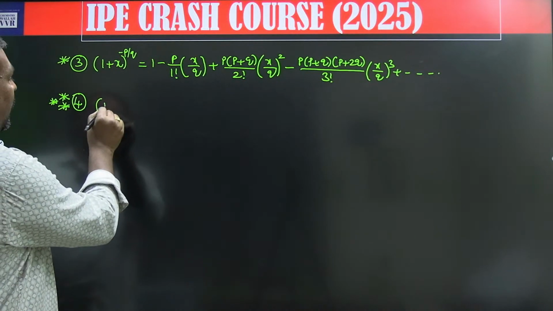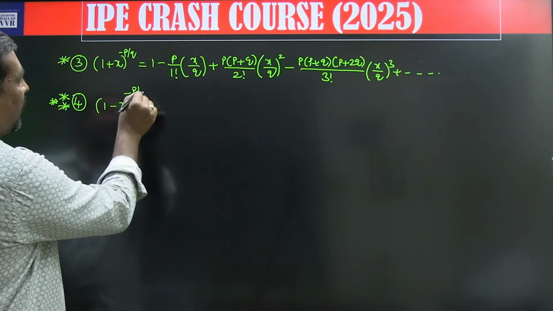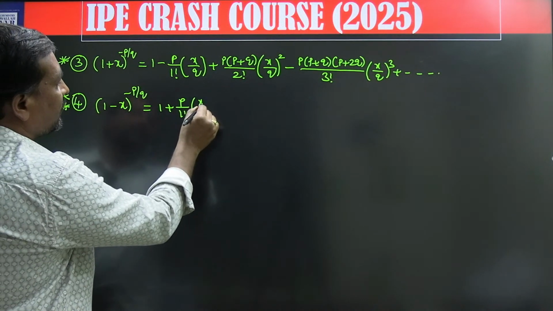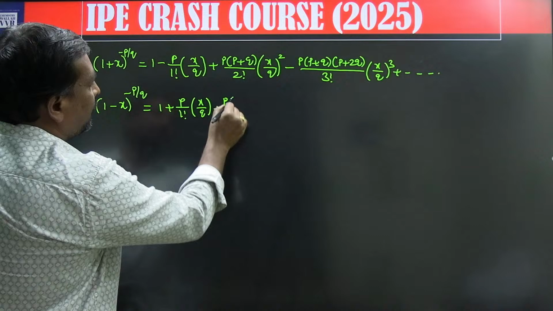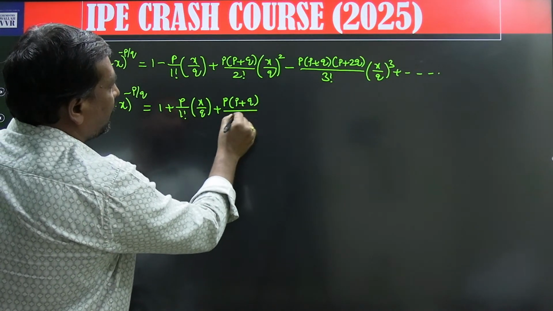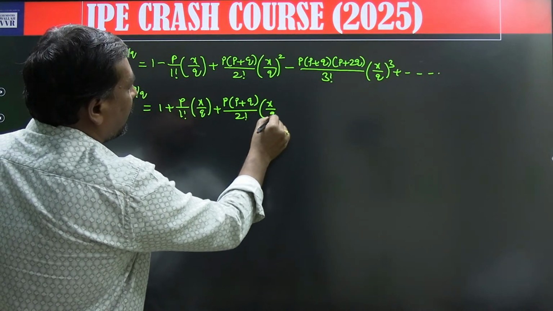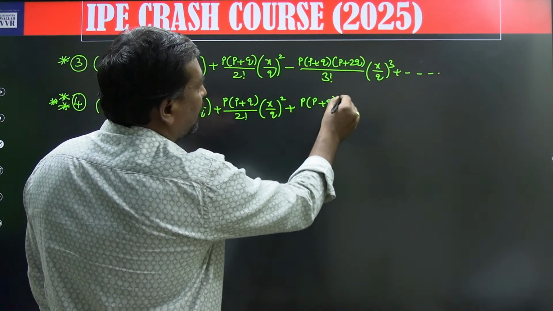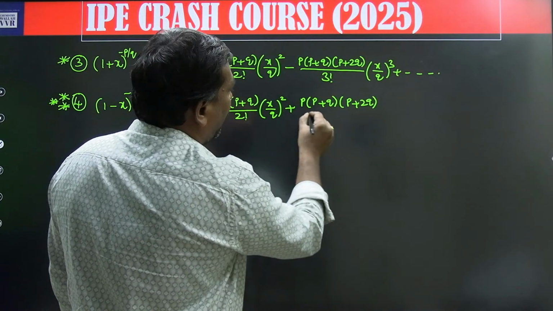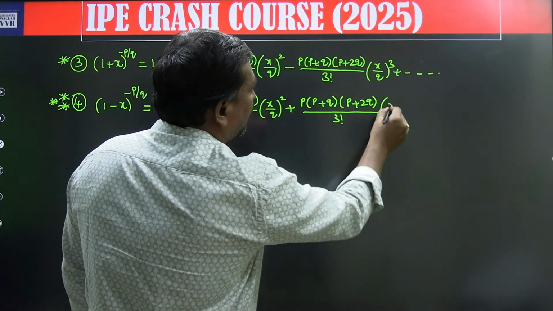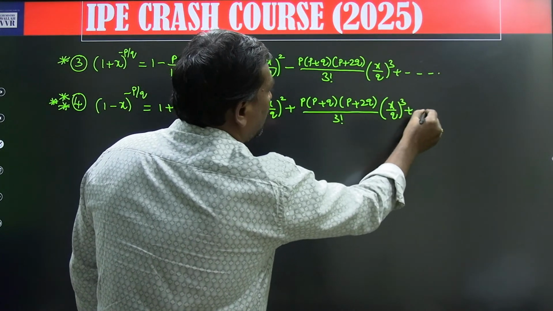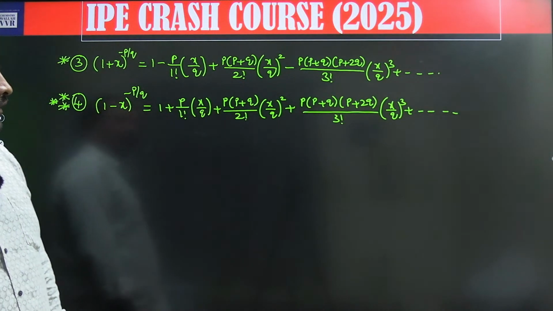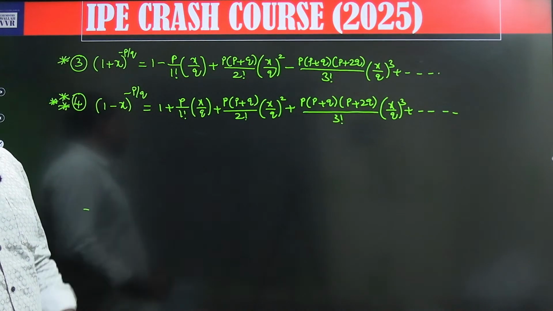This is (1 − x) whole to the power of minus p by q, which is 1 + (p/1!)(x/q) + [p(p + q)/2!](x/q)² + [p(p + q)(p + 2q)/3!](x/q)³ plus and so on. This is the most important formula.